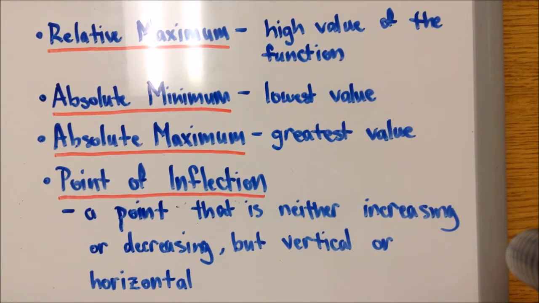Sometimes you might not be able to use all 5 components. Sometimes you can only identify just the absolute minimum, or just the absolute maximum, or maybe just the relative maximum, maybe even a point of inflection. So again, you may or may not use all 5 components when identifying maximum and minimum of a given graph.